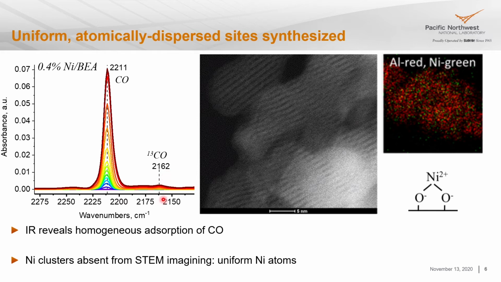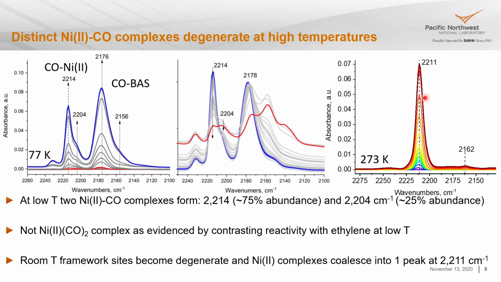We can also look at the STEM imaging to observe our dispersion, or at least the potential presence of nickel clusters on the zeolite, and its absence further supports our notion that these are indeed isolated nickel 2+ species in the zeolite.